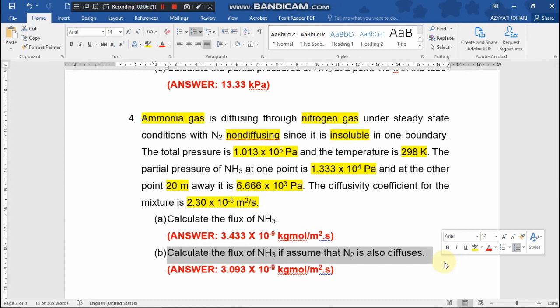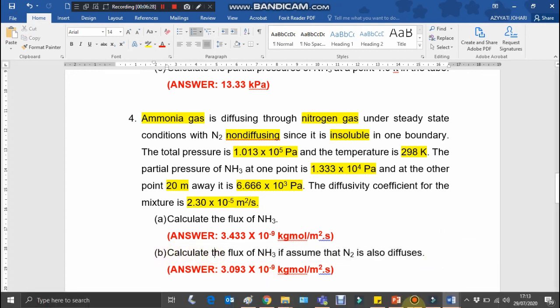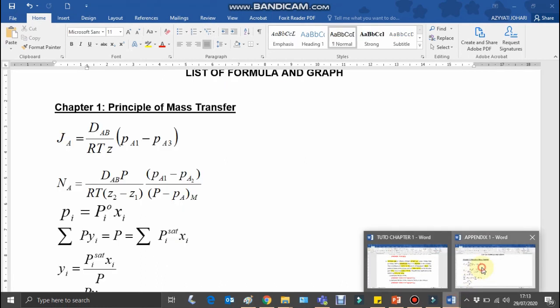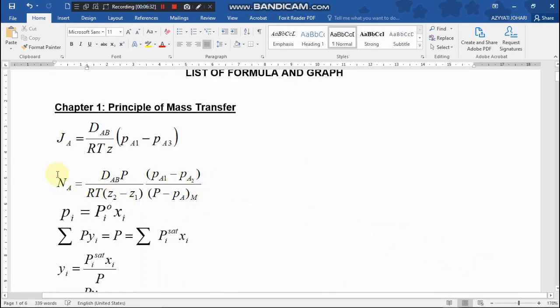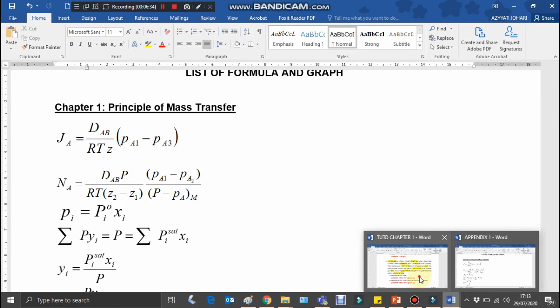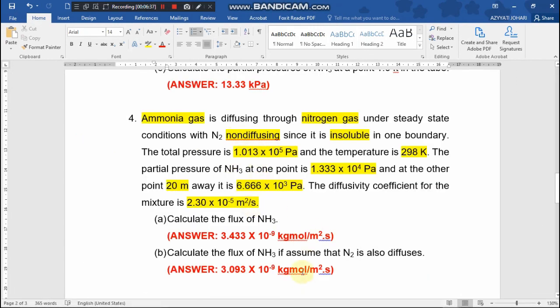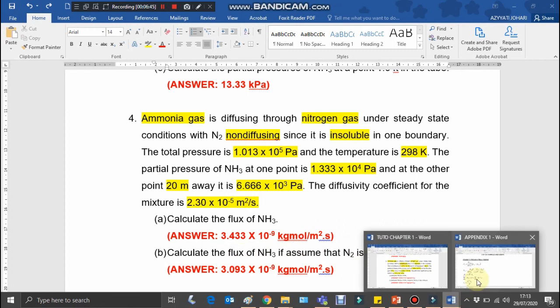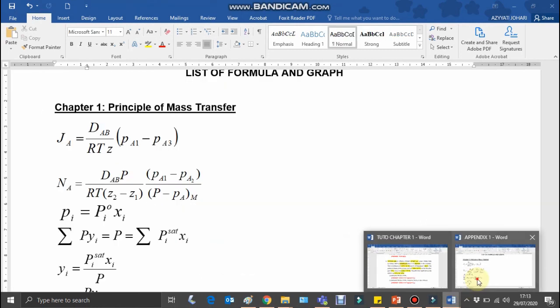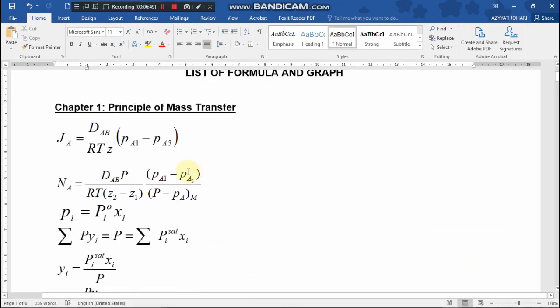So the equation you have to choose to solve for 4B is the first equation.